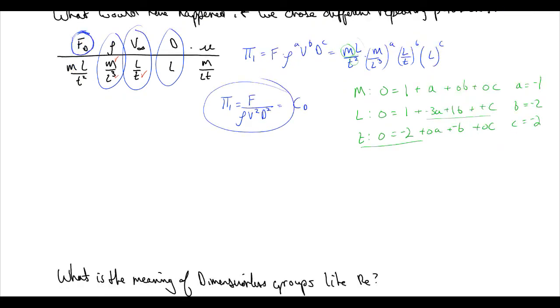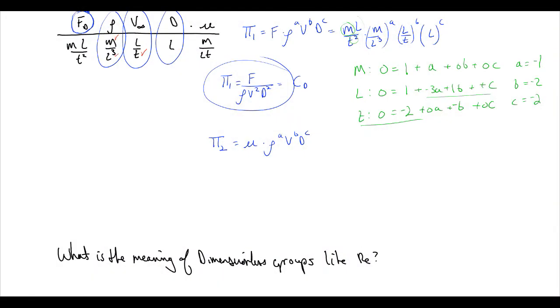I'm going to let you do pi 2 again, knowing what pi 2 is going to end up being, because we have a viscosity times rho to the A, V to the B, D to the C. Anytime we have a rho, V, D, and mu together, we know that there's going to end up being the Reynolds number, in some form.